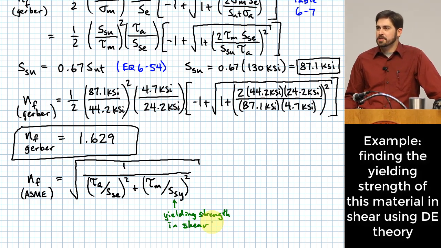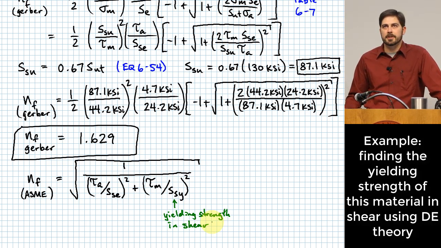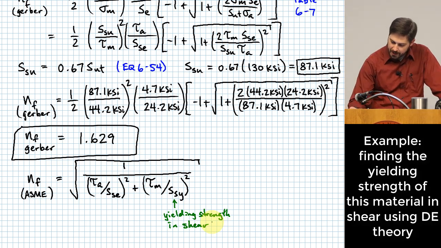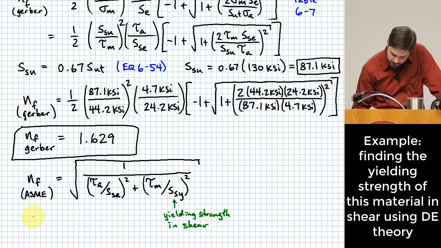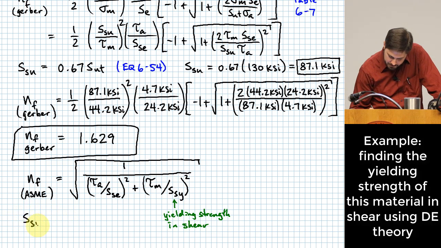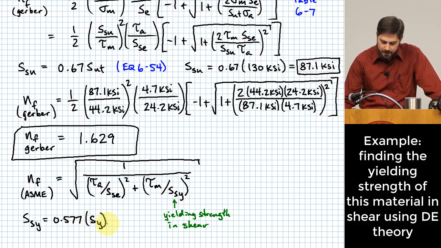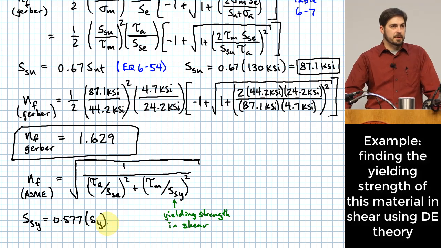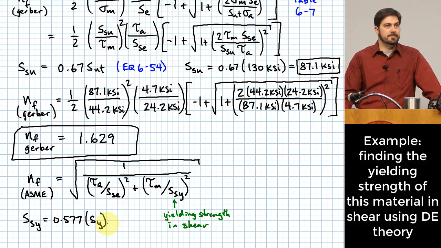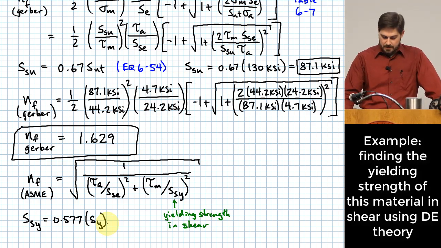I can use the distortion energy criteria that we learned last chapter, and we can multiply by 0.577 to get S sub SY. This is based on our distortion energy criteria from Chapter 5. The other way you can state this is S sub Y over the square root of 3.